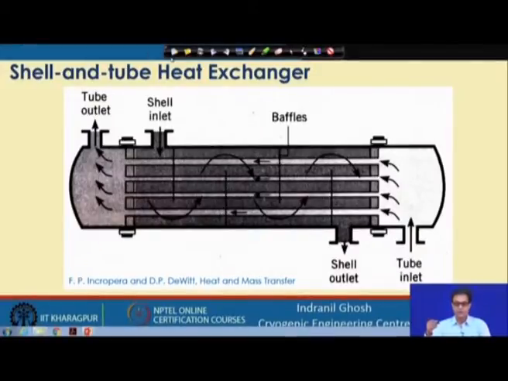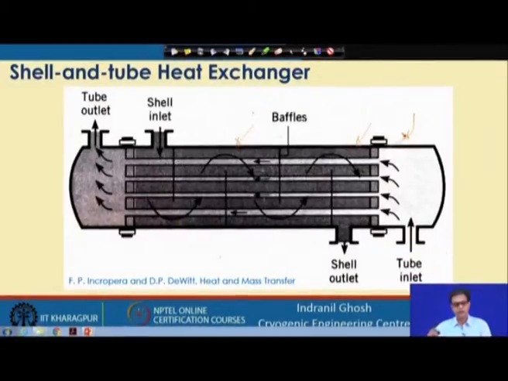There are different kinds of shell and tube configurations which we will be dealing with later on. As you can understand, if these are the tube sides and this is the shell side, and the tube sheets and the shell are welded together, obviously there will be a differential temperature between the hot and the cold fluid.